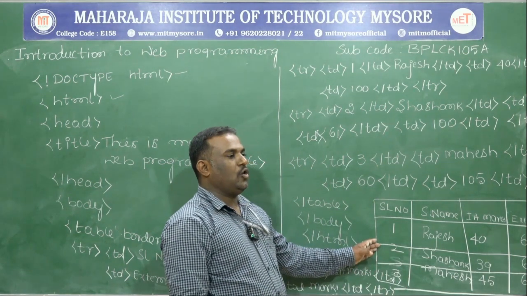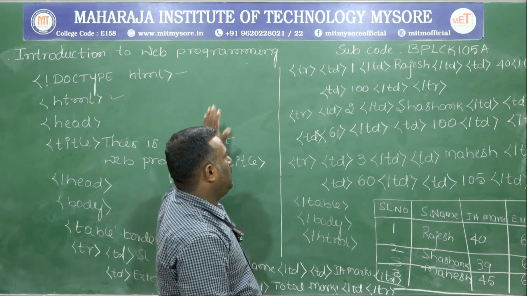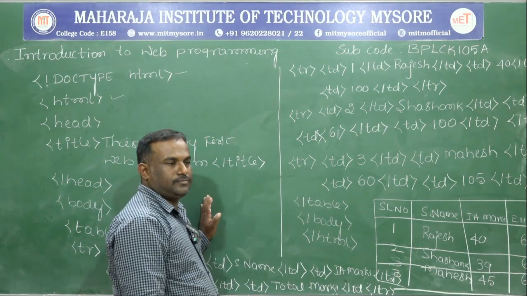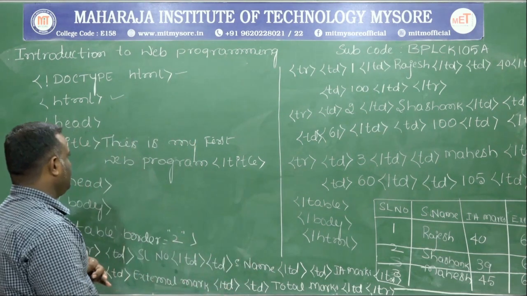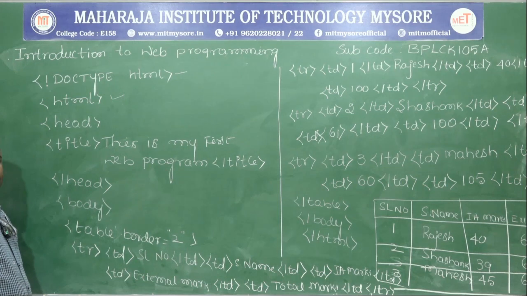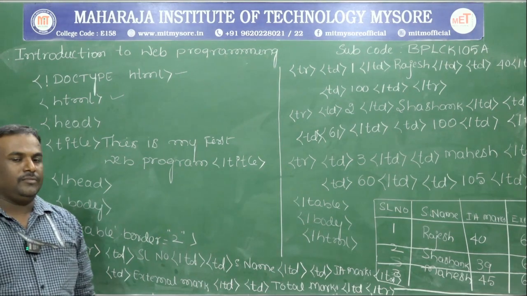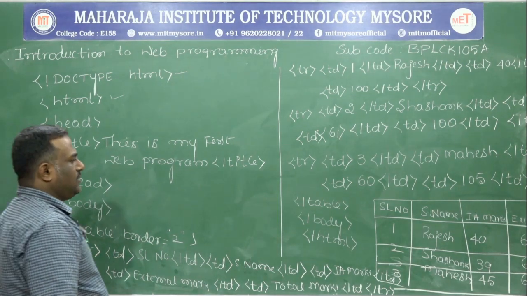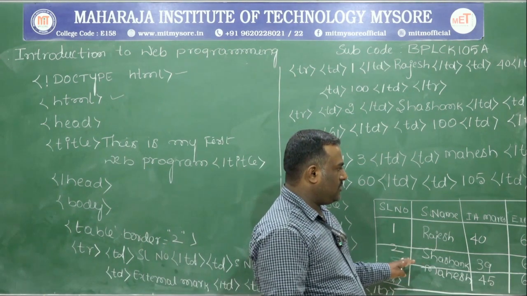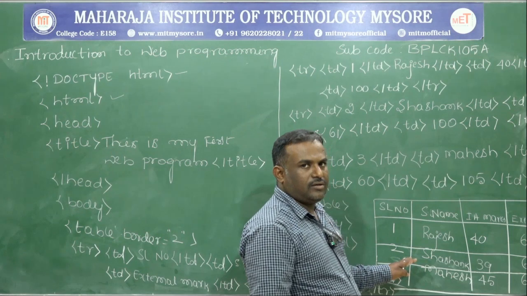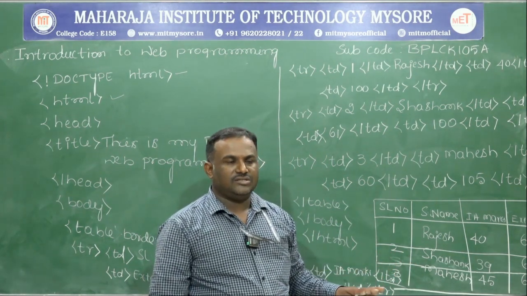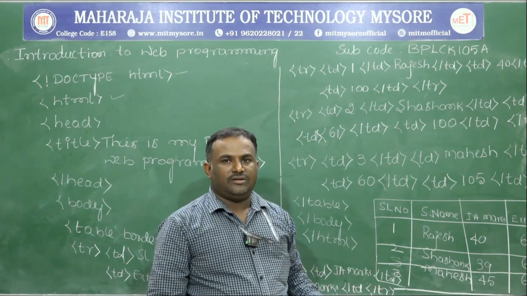This is the output of the HTML program. Next, in the data entered in this table, all have the same font size, font color.